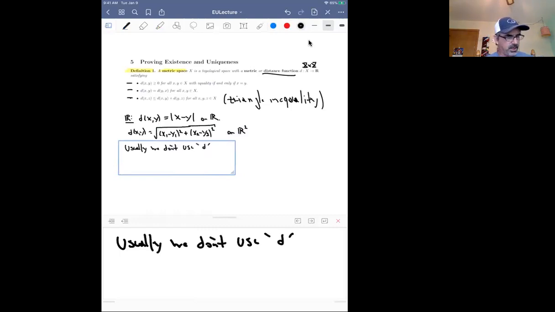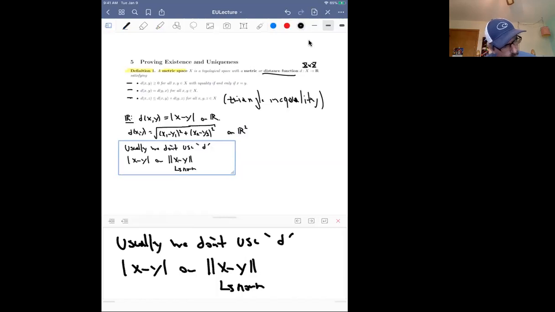It's handy for the definition, but usually we would use absolute value signs, even though we may or may not mean the usual sense of absolute value, or sometimes double absolute value signs. We sometimes use the word norm to describe this. This is the common notation, and this is the notation that we are going to use going forward.